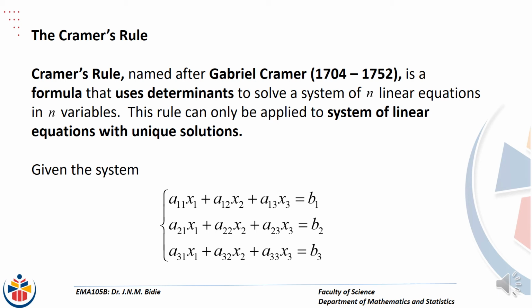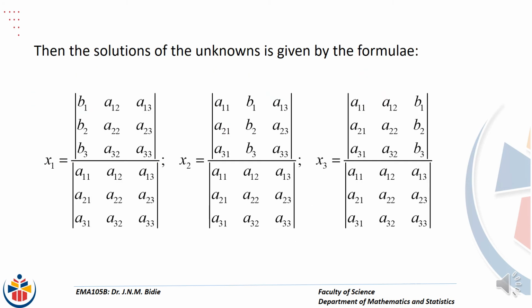Write the given system in matrix form. Then let's see how you use the determinants to solve for the variables x1, x2, and x3. Note that b1, b2, b3 are the constants.